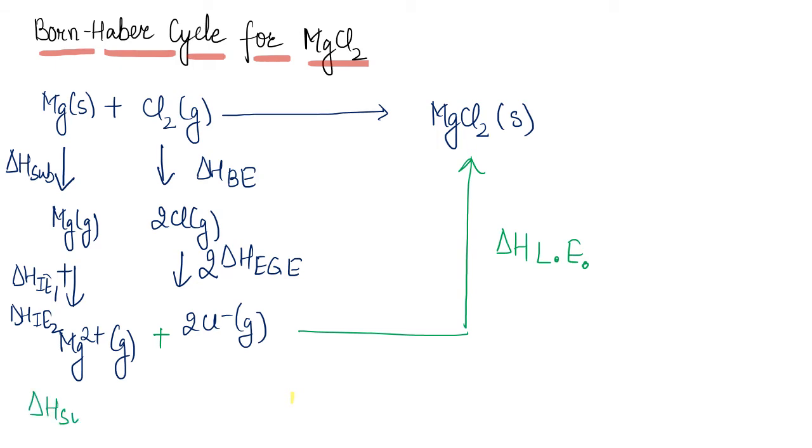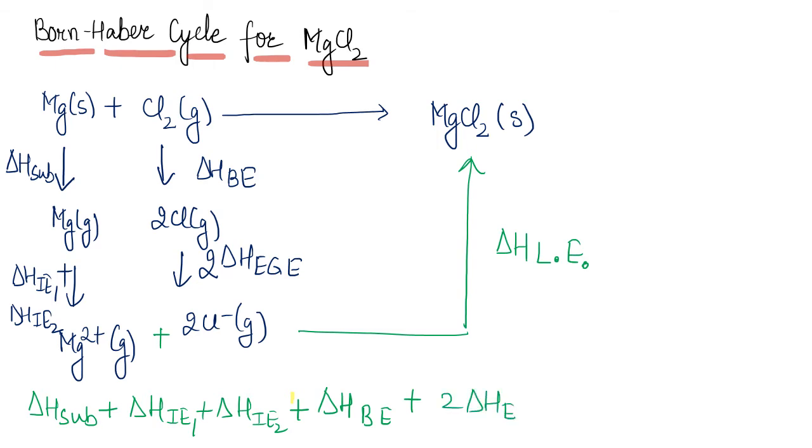So we can write down the formula here. Delta H sublimation plus delta H ionization energy 1, delta H ionization energy 2 plus delta H bond enthalpy of Cl2 plus 2 electron gain enthalpy of chlorine plus lattice energy will be equal to the heat of formation.